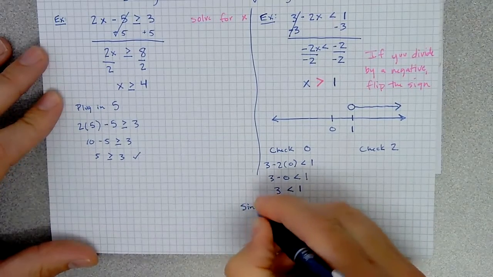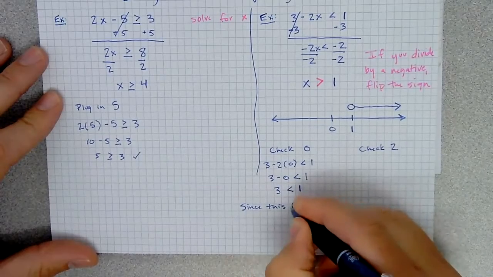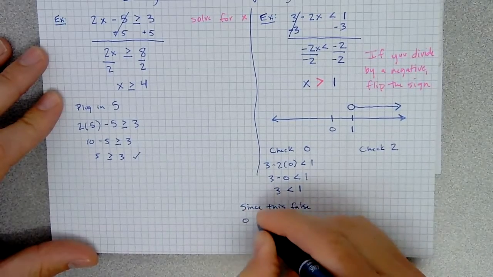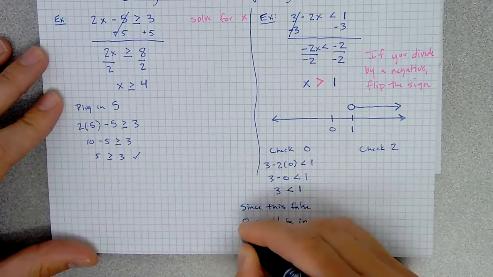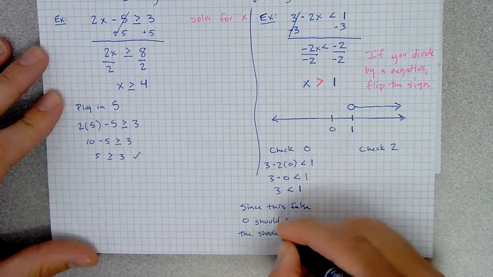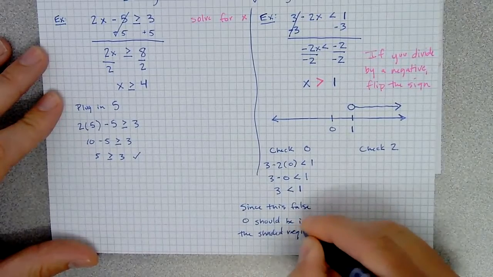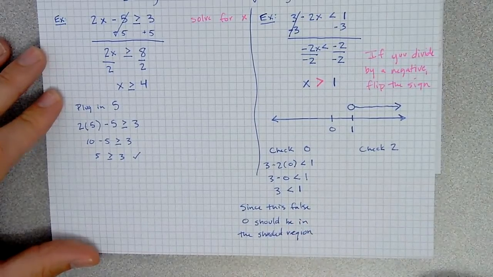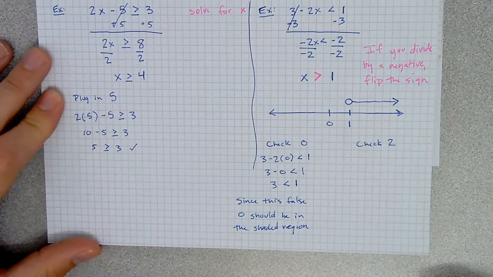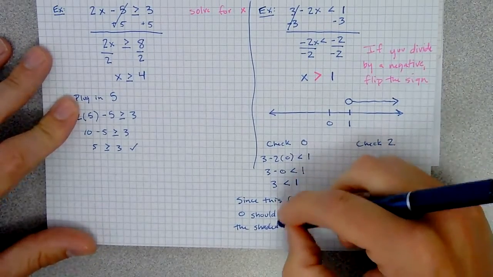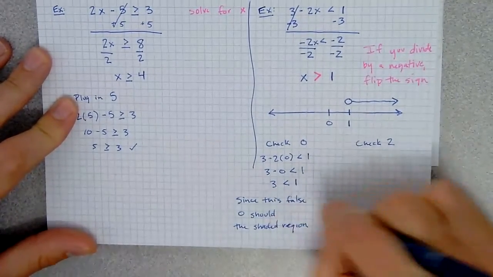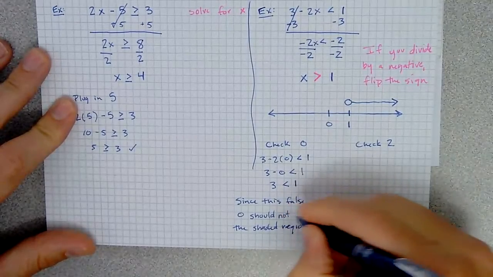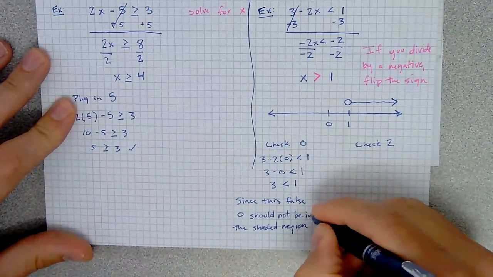So since this is false, 0 should not be in the shaded region.